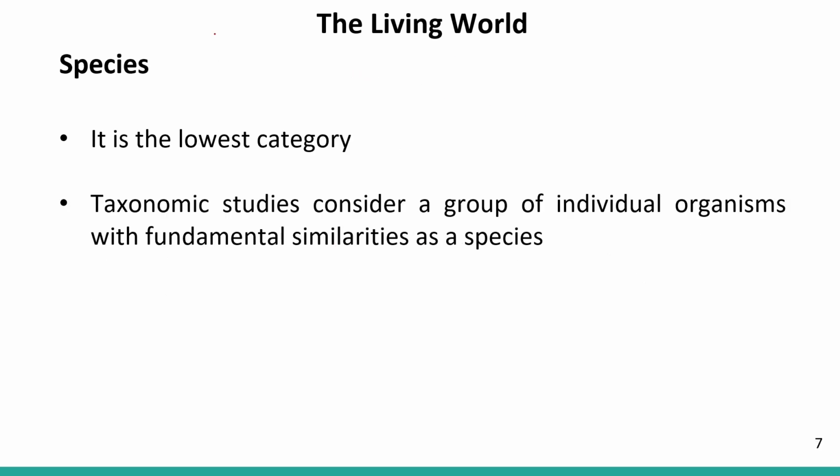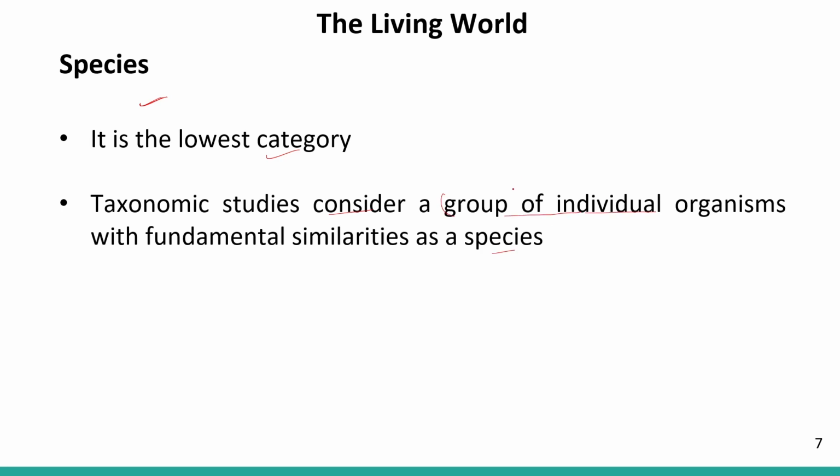Now let's talk about the individual taxonomic categories. The lowest one is the species, so let's start with the species. It is the lowest taxonomic category, and taxonomic studies consider a group of individuals. So what are species?